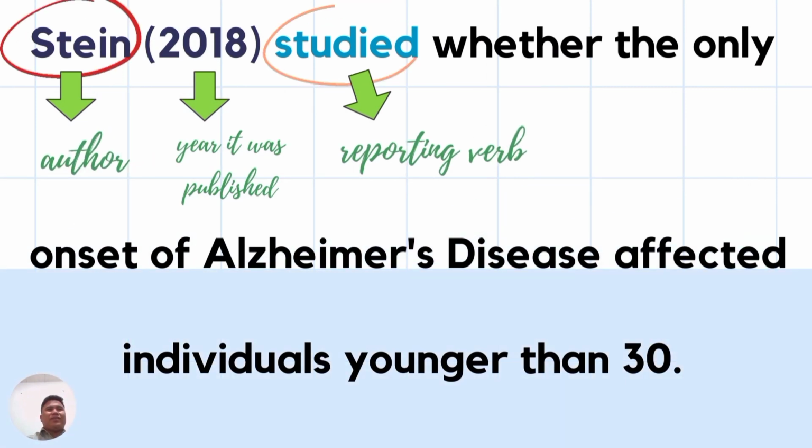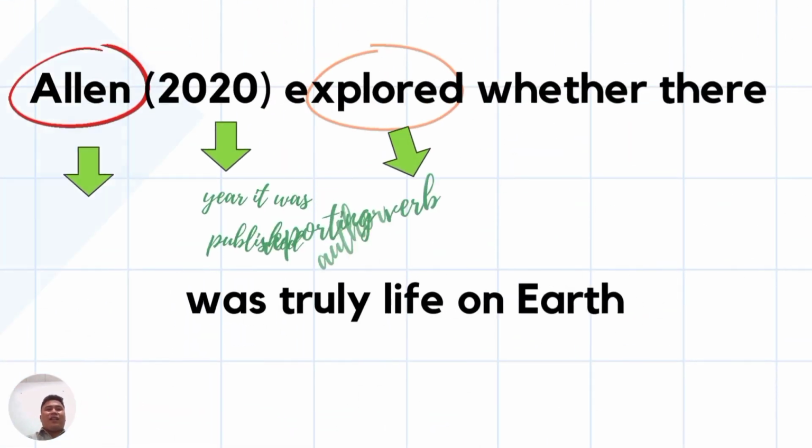Stein is the author, and 2018 is the year when the article was published, and we have here our reporting verb, which is studied. And whether the onset of Alzheimer's disease affected individuals younger than 30 is the claim of the author Stein.